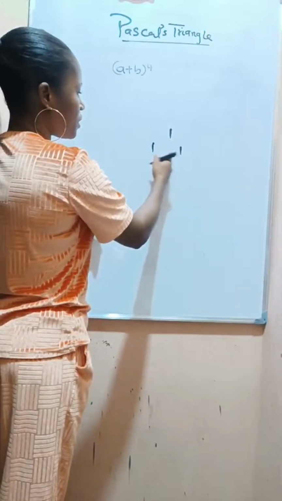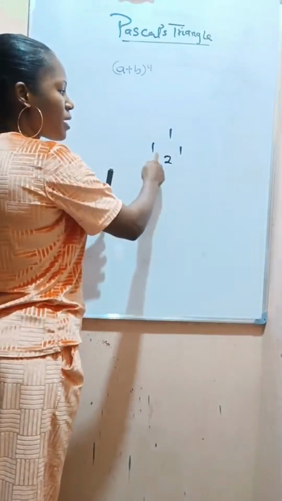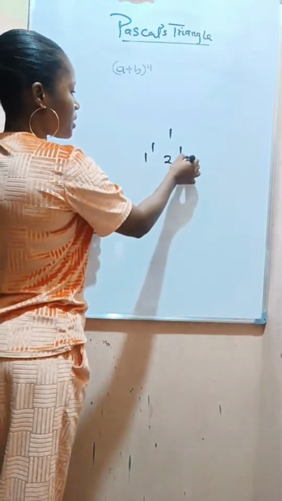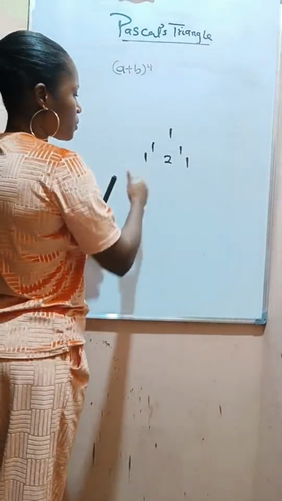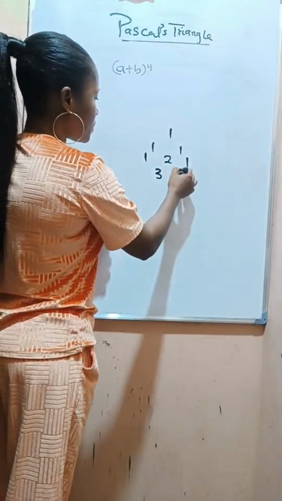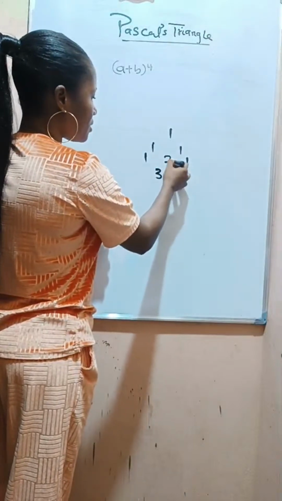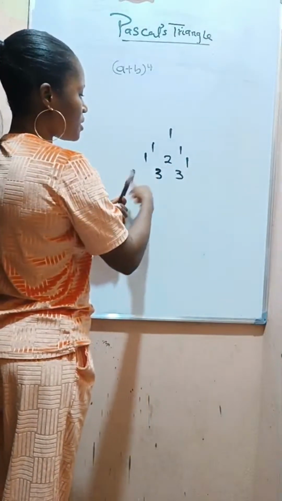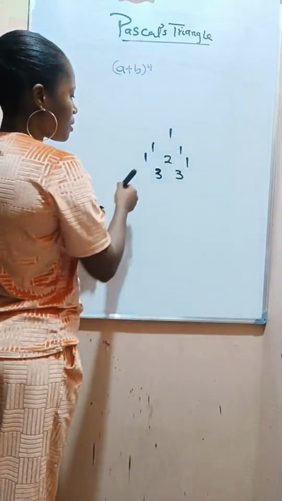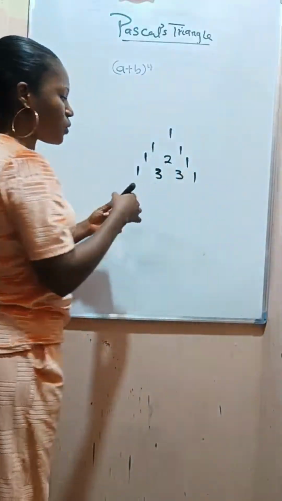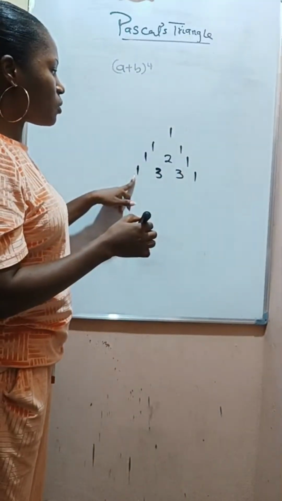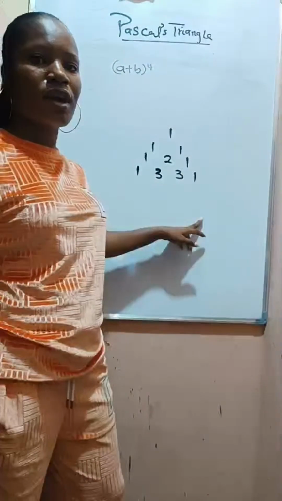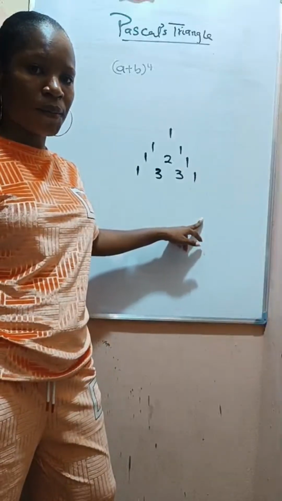Write the 2 between the two numbers you added. Then complete again with 1 and 1. For the next line, we have 1 plus 2 is 3. The sum I'm writing in between the two numbers. You complete again with 1, 1. So this is for power 3, which is where we got 1331 that we've been using all this while.